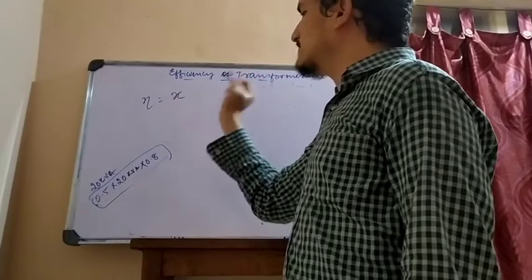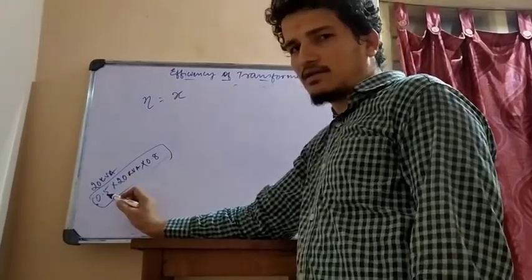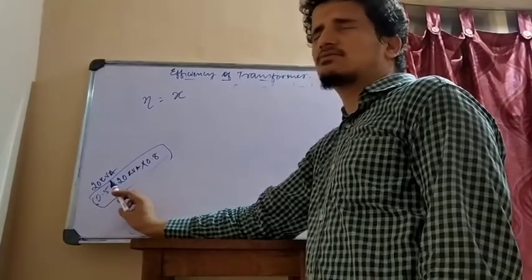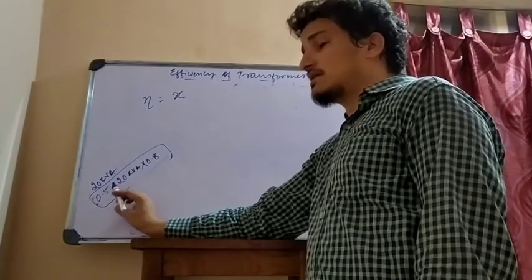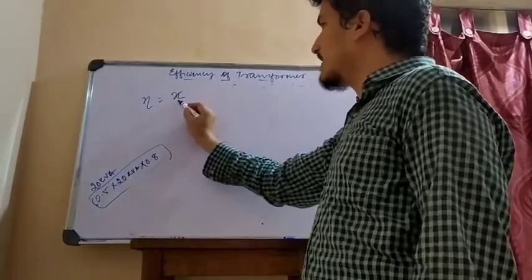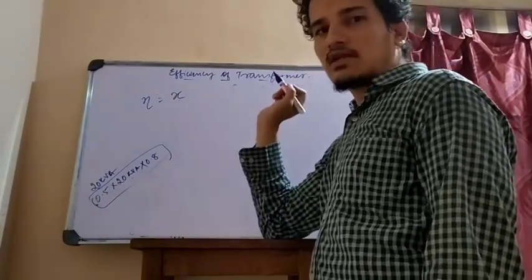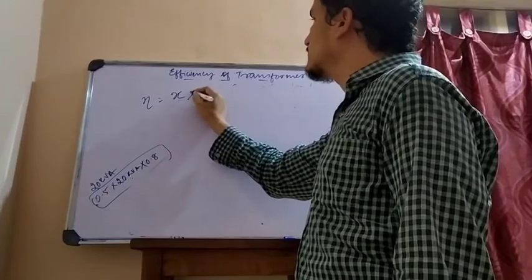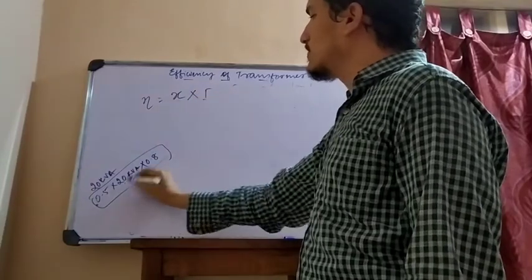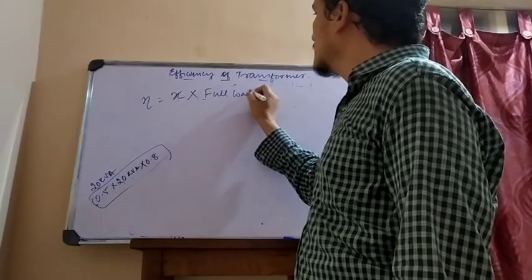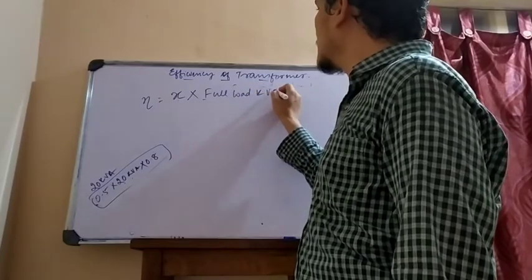The same thing I am writing here. If X is the factor of the full load kVA at which the transformer is loaded, then X into full load kVA, or rated kVA, you can write.